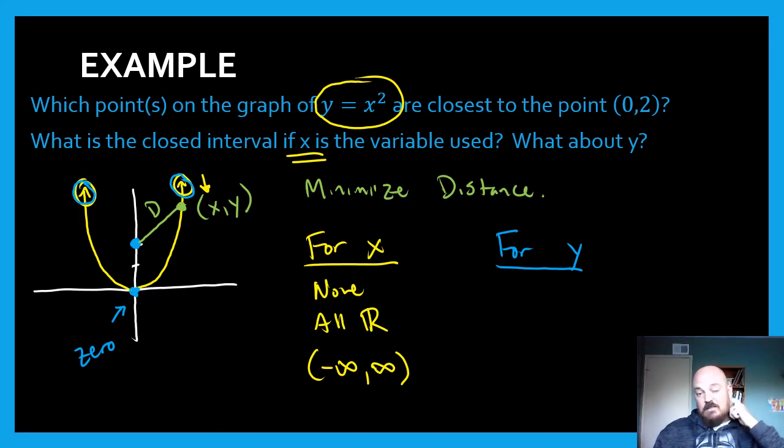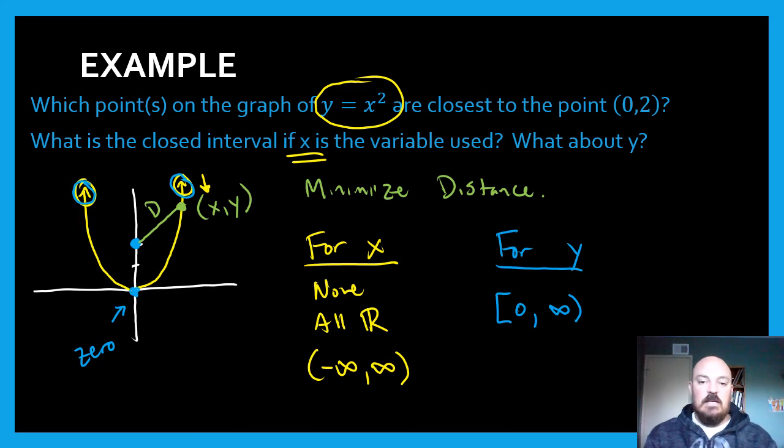So if y is your variable in this question, you would have a lower bound of 0, but you would not have an upper bound. So I would put infinity like this. And again, when you get to the extreme value theorem part, it means you do have to test 0, because that is an endpoint, but that and the critical values are the only ones. You don't need to test any upper bound for y, because there isn't one.